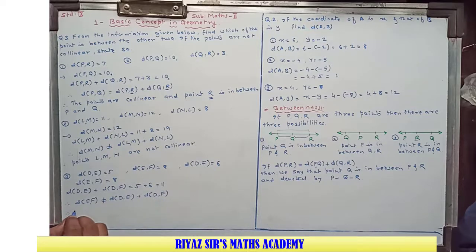Therefore points D, E and F are not collinear. Tell me, what is the doubt in this? In this way you have to solve this question number 3. The remaining 3 examples you have to solve, okay.